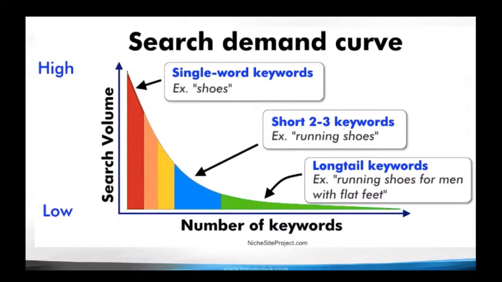Different keywords have different search volume, and the longer they become, the less they are searched and also the cheaper they become. So shoes, for example, is a really highly searched keyword. It's really broad. There are a lot of different types of shoes.